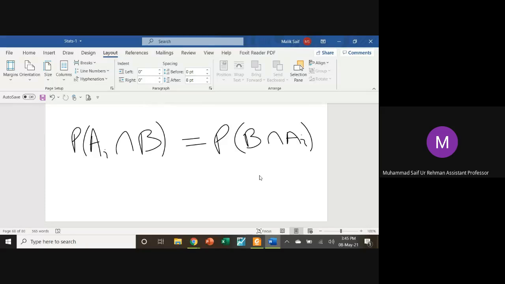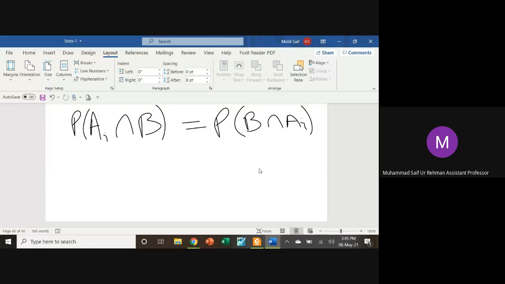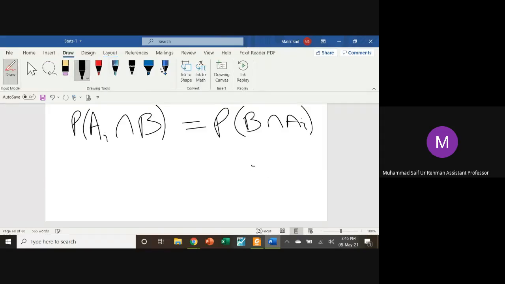If these two are equal, and the general rule of multiplication you are going to apply over here, and you say that the events are dependent, then if you open the left hand side, what will be the answer? Probability of A multiplied by probability of B given A. General rule of multiplication.